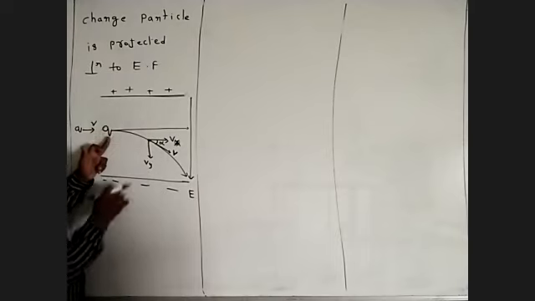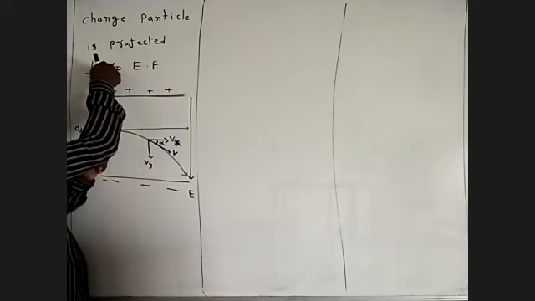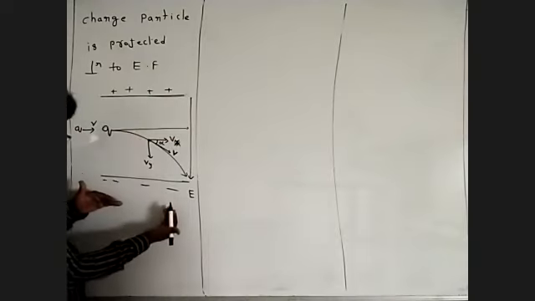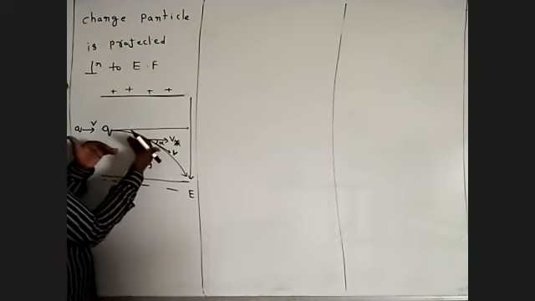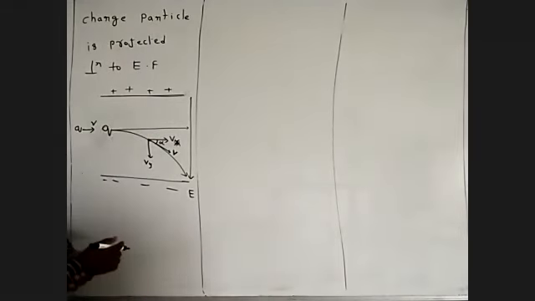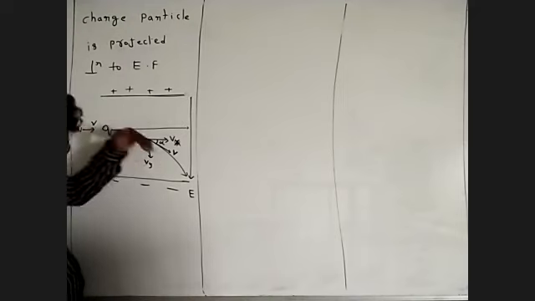What is the reason? This positive plate repels the positive charge in the downward direction. This negative plate attracts positive charges in the downward direction. Now the path traveled by the charged particle is parabola shaped.